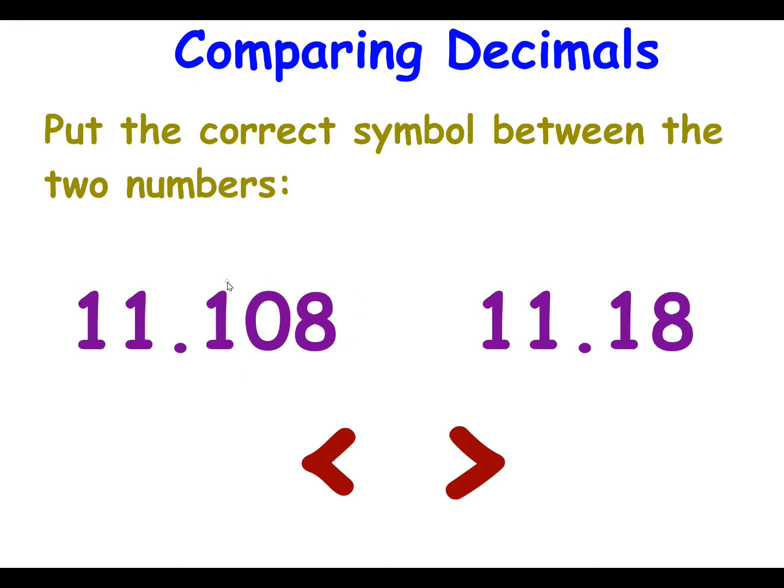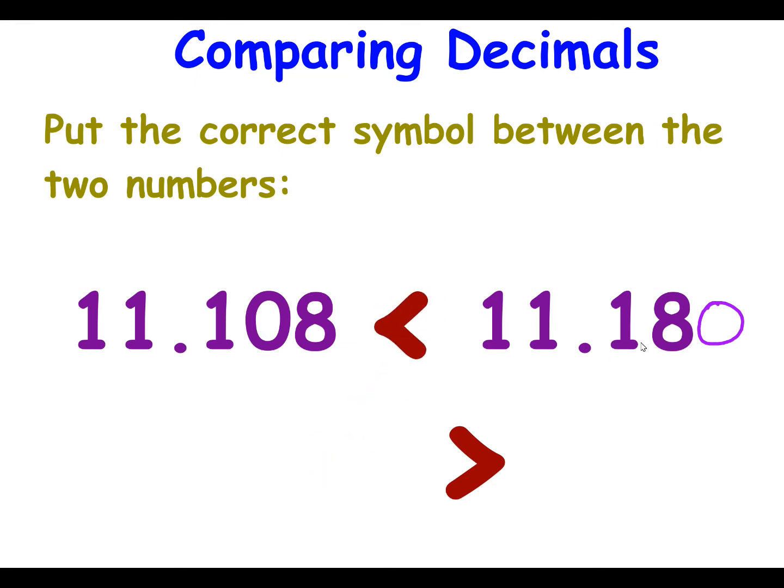What you need to remember is to make them both the same length after the decimal point, so you're comparing like with like. So here we have 3 decimal places, here we only have 2, so we can call up one of our invisible zeros. It doesn't affect what the number is. So here we have 11.108, but here we have 11.180. So this is the bigger number. 11.180 is bigger than, so here we need this symbol.